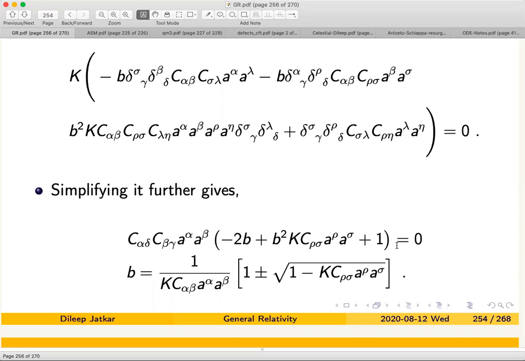So this is just a quadratic equation in B, and you can solve this equation to find B to be this quantity.